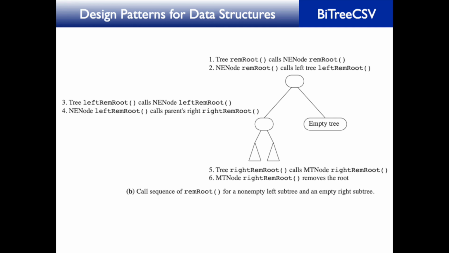And in item number 5 now, we are in the environment of the right subtree of the original tree, and we have access to the parent. And the tree's right remove root calls the empty node version of right remove root because this tree is empty. And now the empty node version of right remove root actually removes the root.